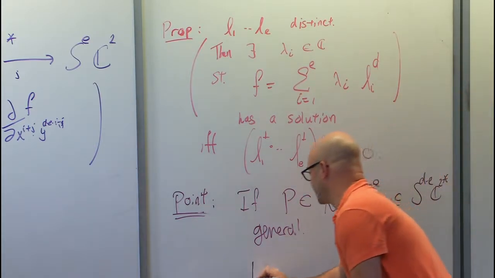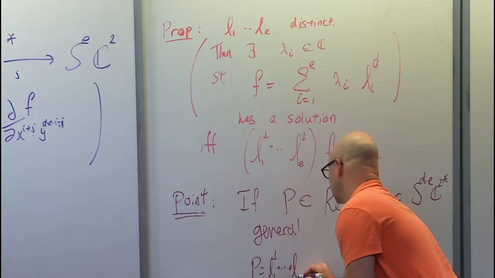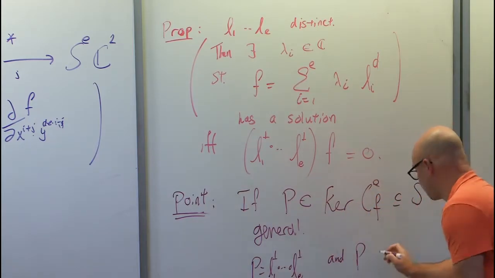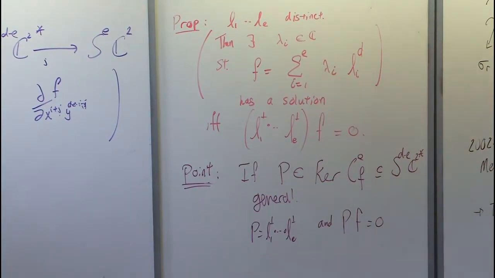So it factors: p is L1 perp up to LE perp, and p f equals 0. So we can use the kernel of the catalecticant map or the symmetric flattening map to tell us the linear forms in the decomposition of our given polynomial.